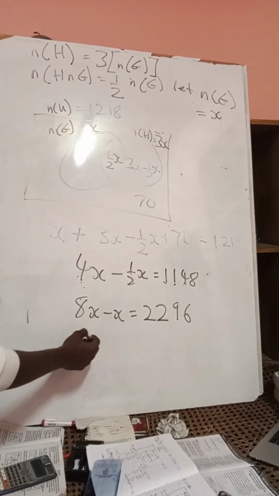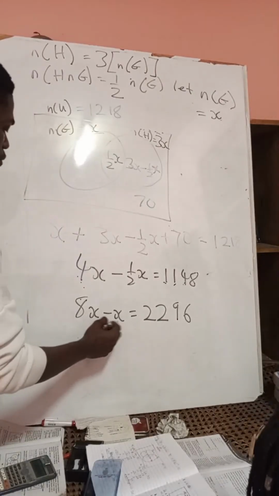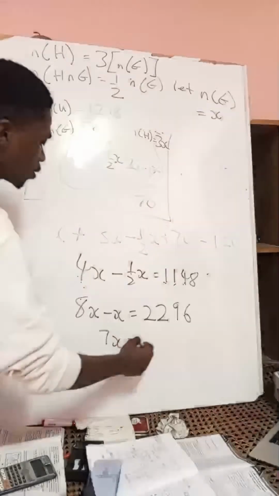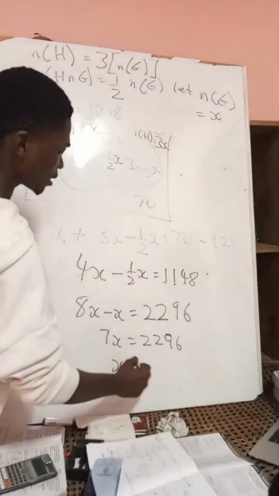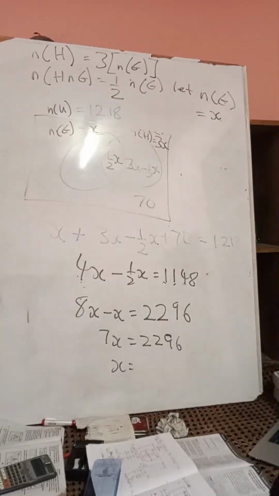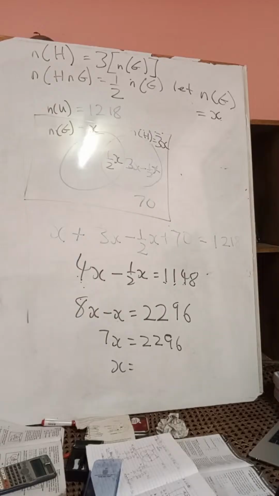Now after getting this, you can say that this one will be 7x equals 2296. Find x and let's see. So x will be 2296 divided by 7, which is 328.